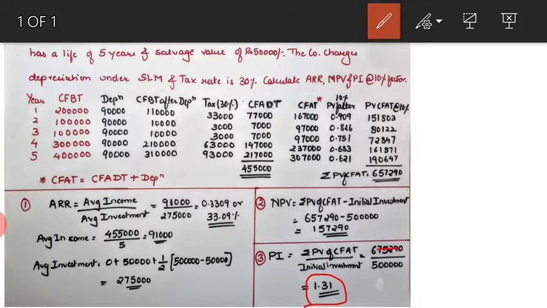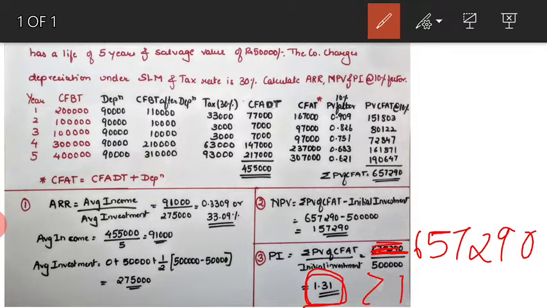Just make the correction over the earlier value. So your PI is also greater than 1. That means this project can be accepted.